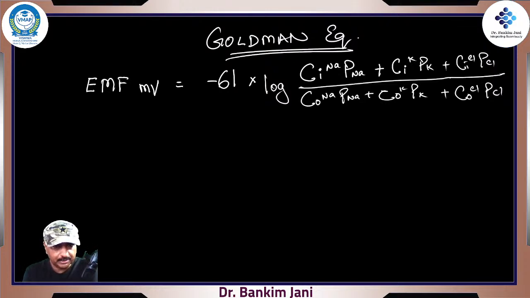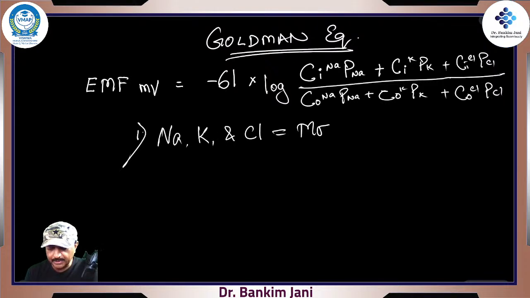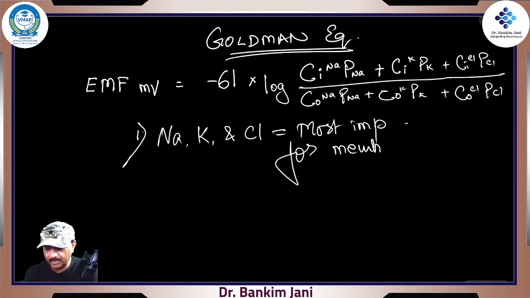Now what this equation really tells us are a few very interesting points. A few we have already talked about. When Guyton says it, it is very evident from this equation. So what it really tells is, one, that sodium, potassium, and chloride are the most important ions for membrane potential.